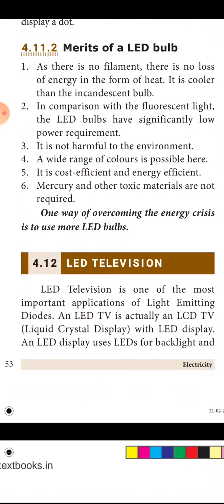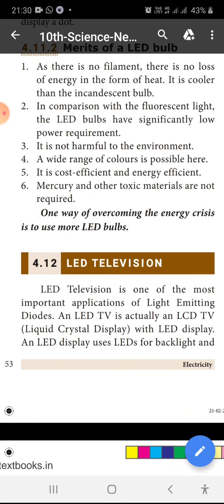Televisions prepared using LEDs are called LED televisions. Light emitting diode and LCD, liquid crystal display TVs are coming, which is one of the most important applications of light emitting diodes.